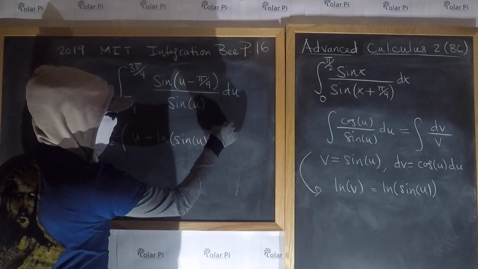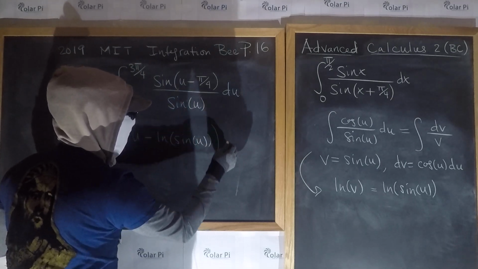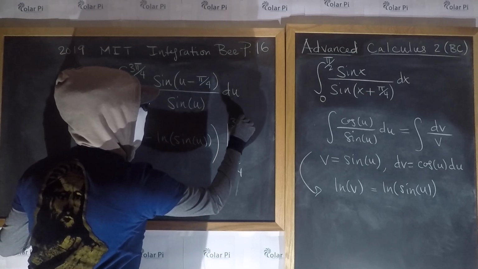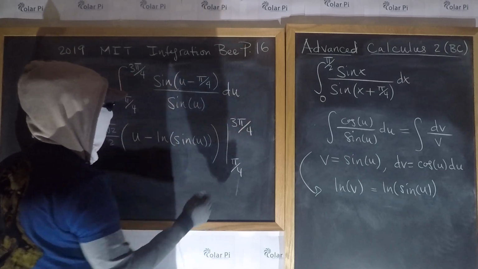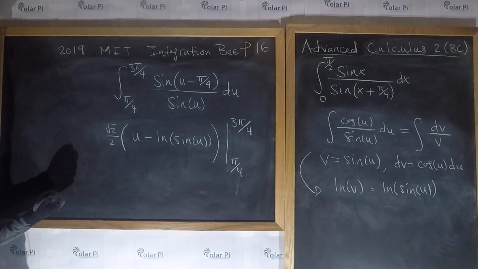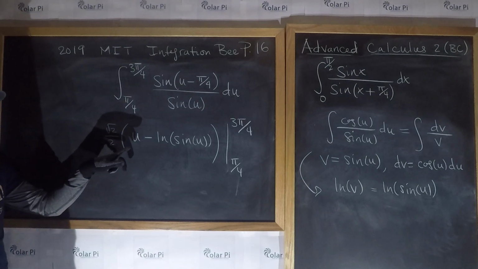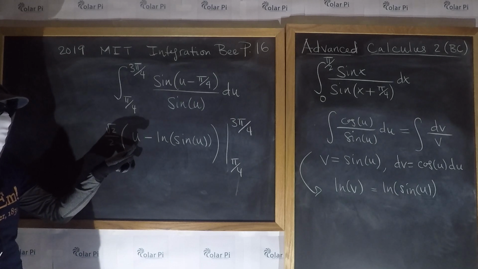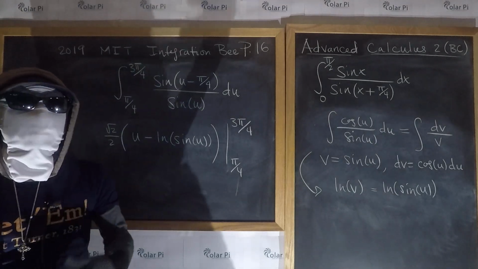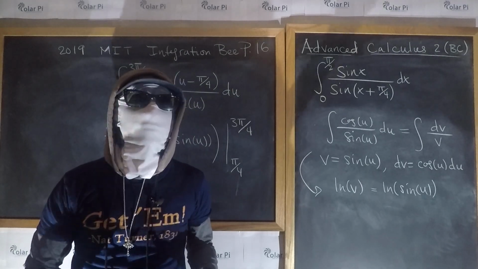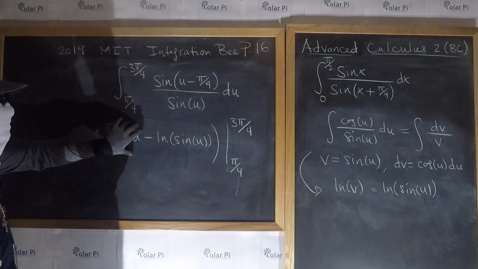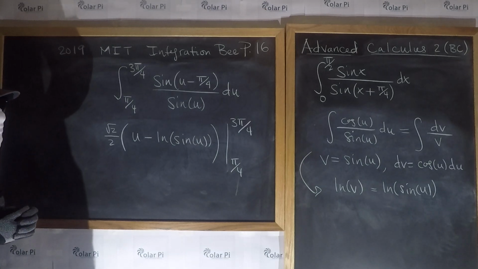And all of this evaluated from pi over 4 to 3 pi over 4, like that, right? Okay, now when we plug in 3 pi over 4 and then pi over 4 and take the difference on u, it's going to be 3 pi over 4 minus pi over 4, which is 2 pi over 4, which is pi over 2. So once we evaluate, this is going to just be pi over 2. And of course we have root 2 over 2 multiplying it.